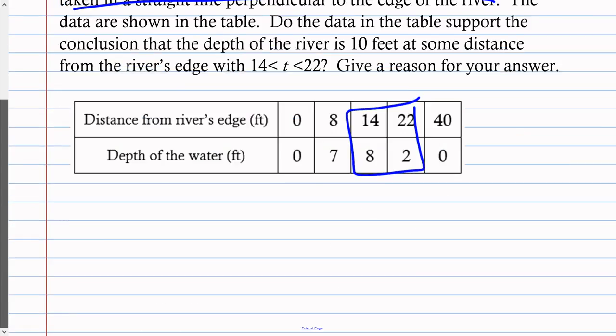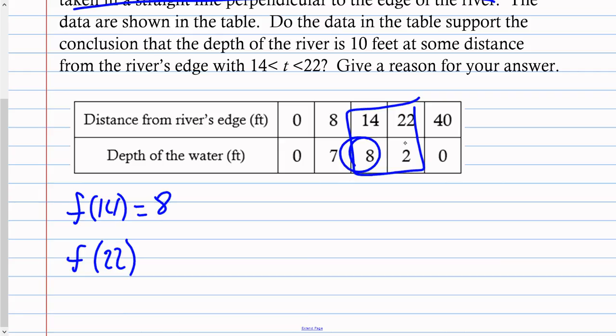Okay, so to start off, our lowest distance is 14, and our highest distance is 22. So let's call this f, because they didn't formally give this any function name. So f of 14, according to the table, our depth is 8. And then f of 22, according to the table, that depth is 2.